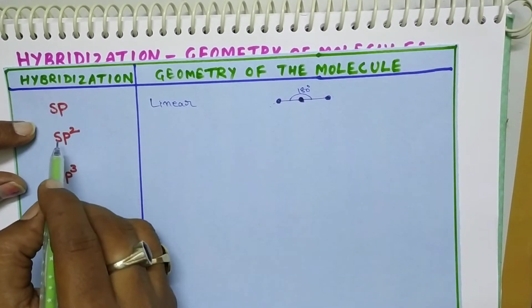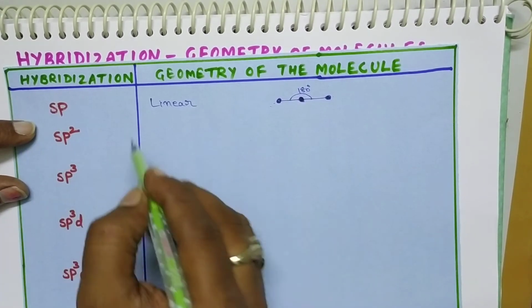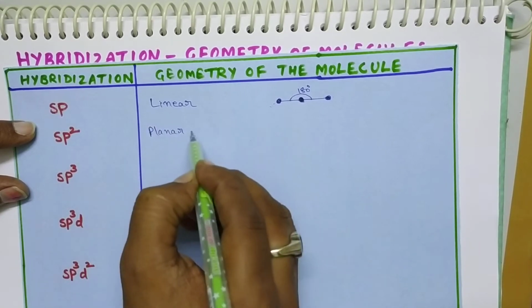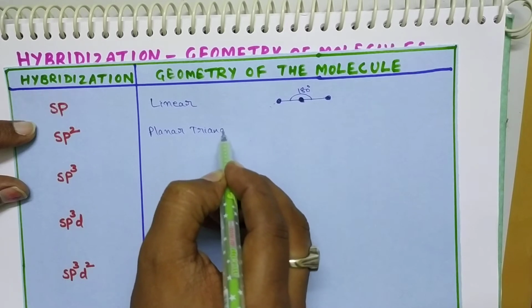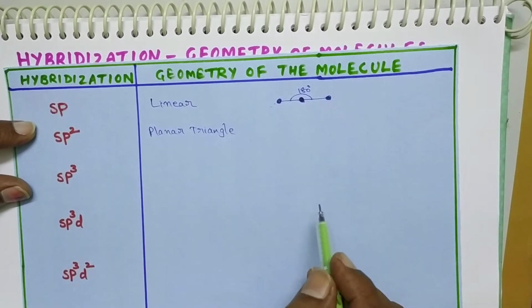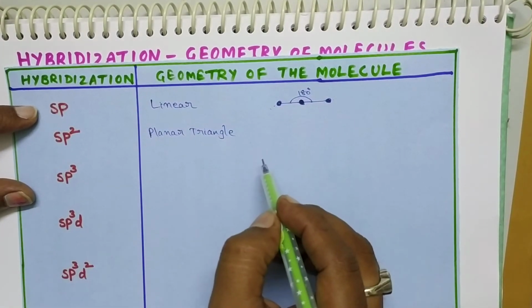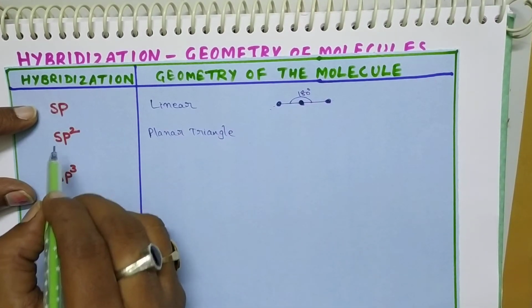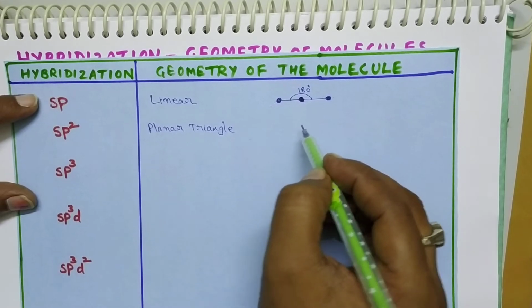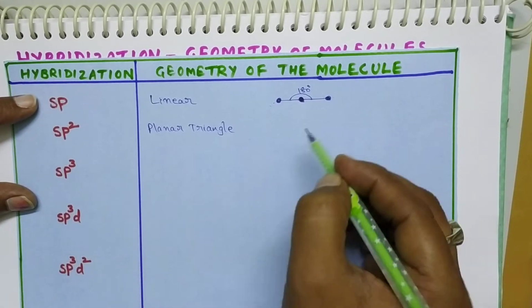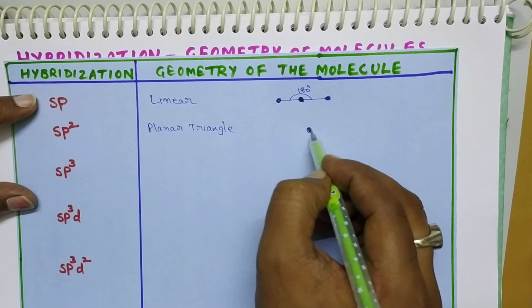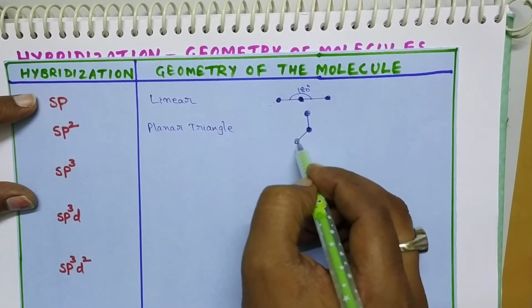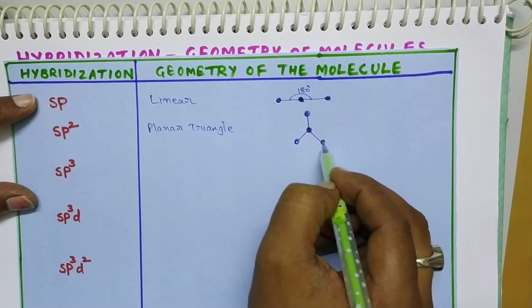Next, sp2 hybridization. For sp2 hybridization, the structure will be a planar triangle. Planar triangle means there are 3 hybrid orbitals, and these 3 hybrid orbitals will occupy the 3 corners of a triangle. Here this is the central atom, and the 3 atoms occupy the 3 corners around the central atom.